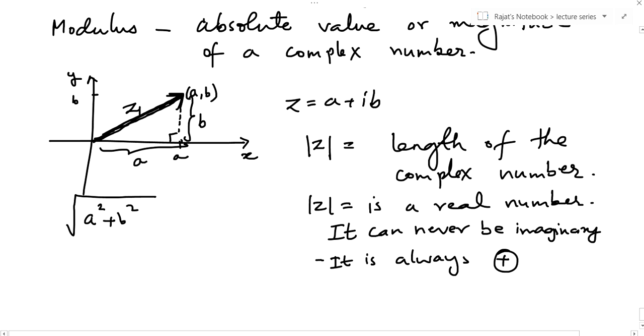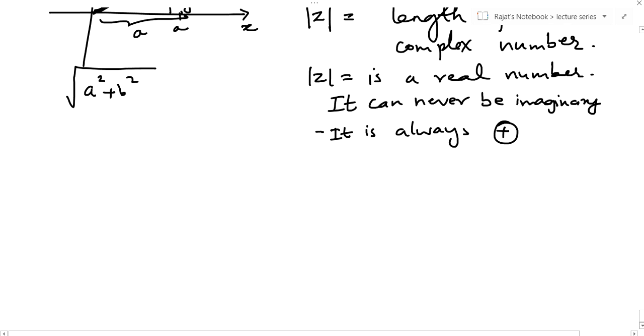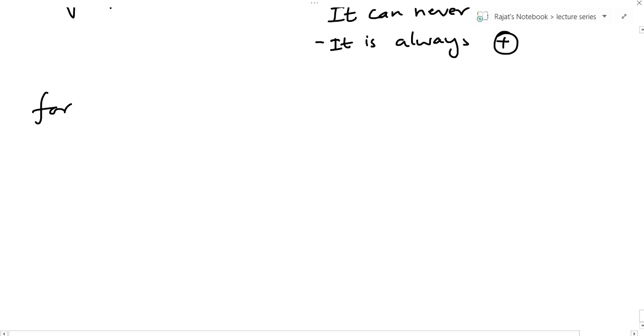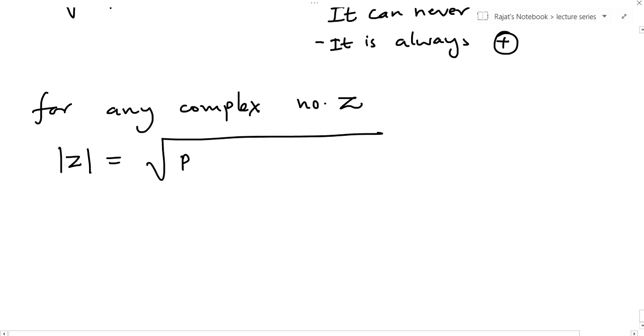That means for any complex number z, mod z is equal to under root of real part of z whole square plus imaginary part of z whole square.